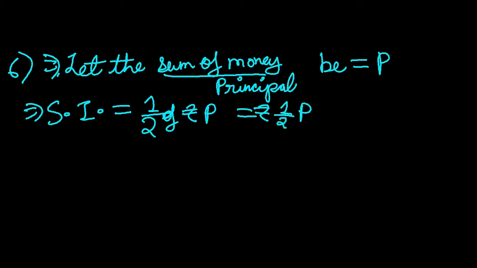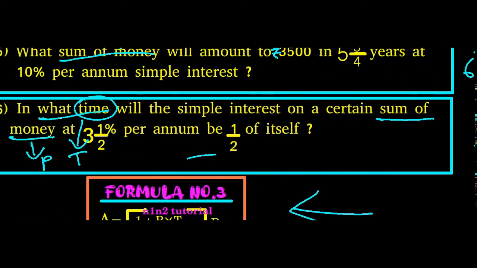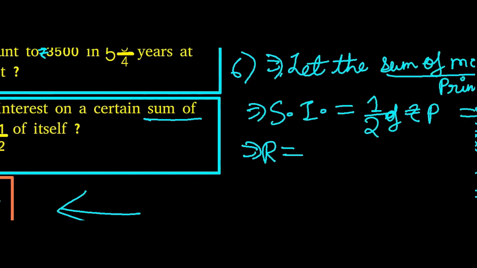And what is the rate of simple interest? Rate, in short, we can call it as R. Rate of simple interest is equal to the rate which is given here, 3 1/2% per annum.